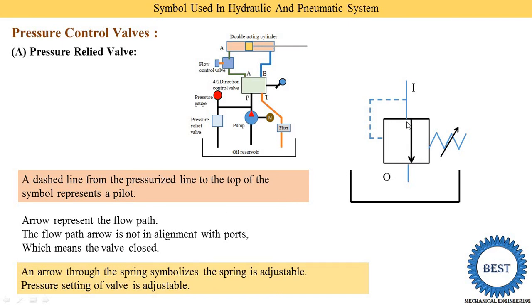And when this arrow is on the right side or left side, it is in the working position. Now when the pressure is increased, for the initial position this arrow is on the left side, and when the pressure increases the oil enters from this dash line to this side, and this arrow or some plate inside moves, and the oil goes into this outlet pipe. So this is the working of the pressure relief valve.